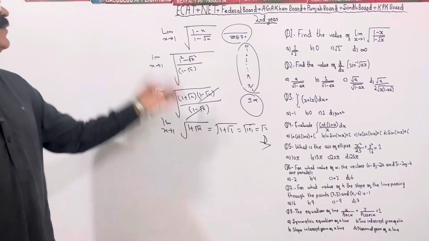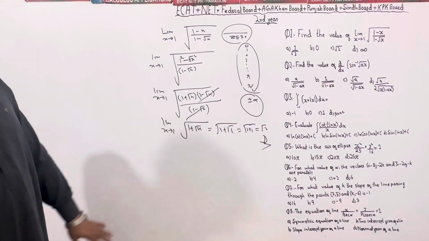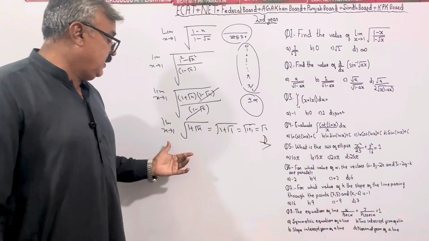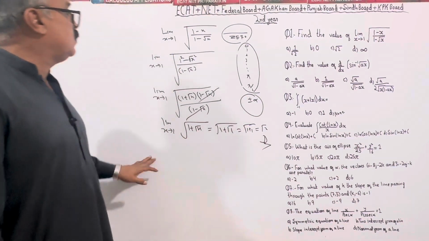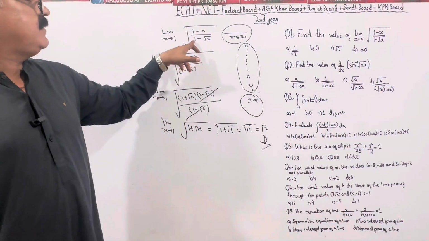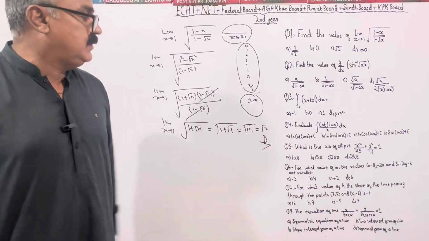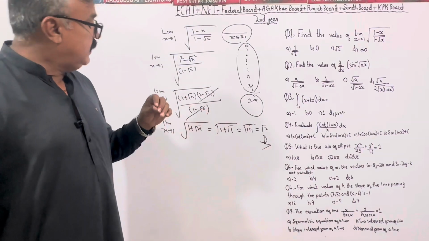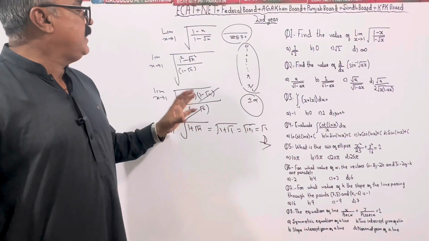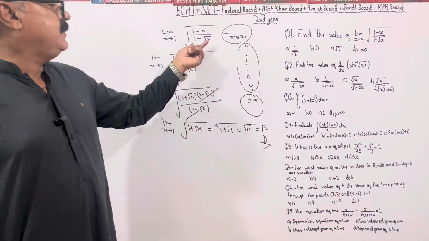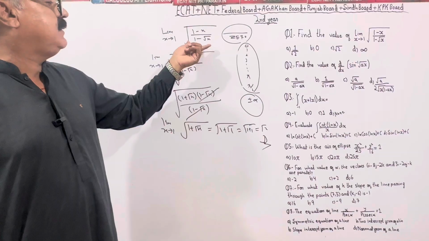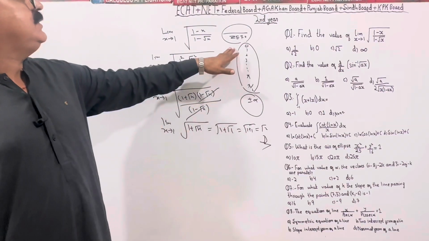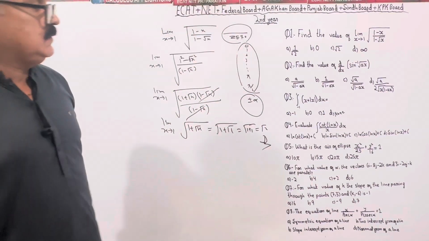Now we have sorted out our limit: as x tends to 1, root 1 minus x divided by 1 minus root x is equal to under root 2. That's our answer. In case of limit, defined, not defined, domain, continuity, discontinuity, the denominator doesn't vanish because we do not divide by 0.